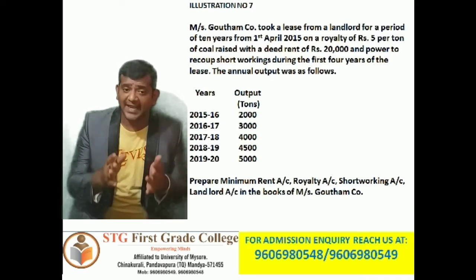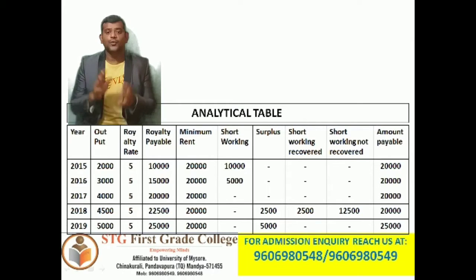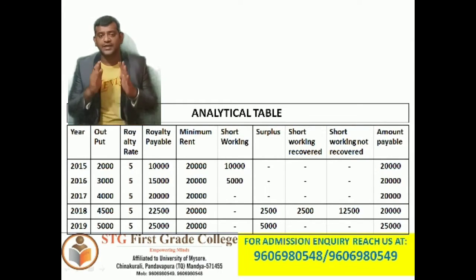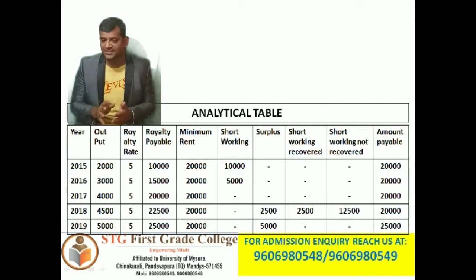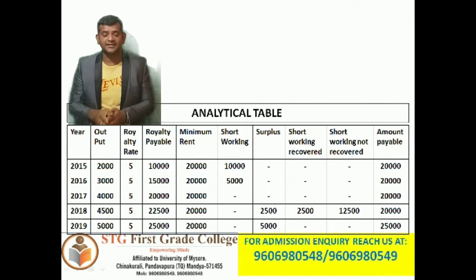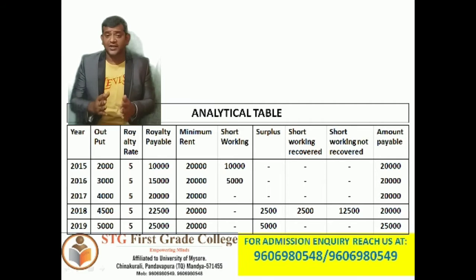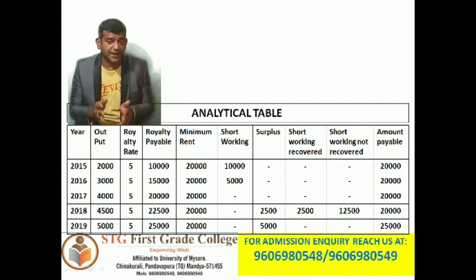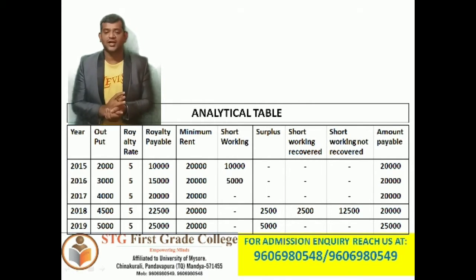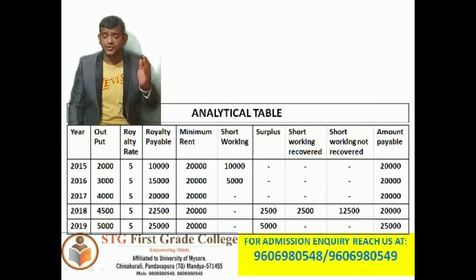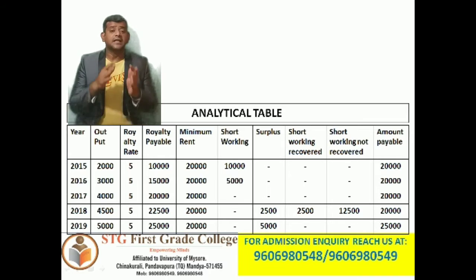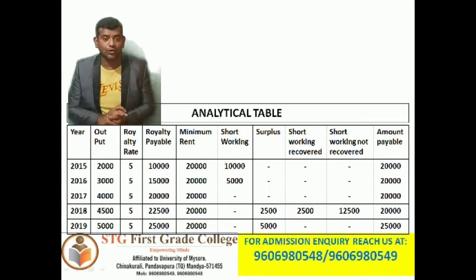So open an analytical table with 10 columns: output, royalty rate, royalty payable, minimum rent, short working, surplus, short working recovered, short working not recovered, and amount payable. So in the year 2015, the output was 2000 tons of coal.